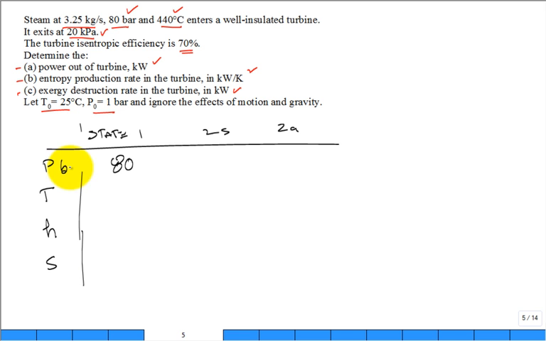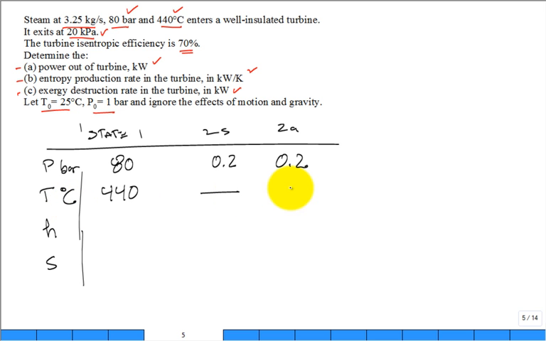You could put the bar over here. And then it was 20 kilopascal, which is, how many bar is 20 kilopascal? 0.2, right? Thumbs up if you agree. How many people don't have thumbs? All right. Temperature, 440 degrees C.